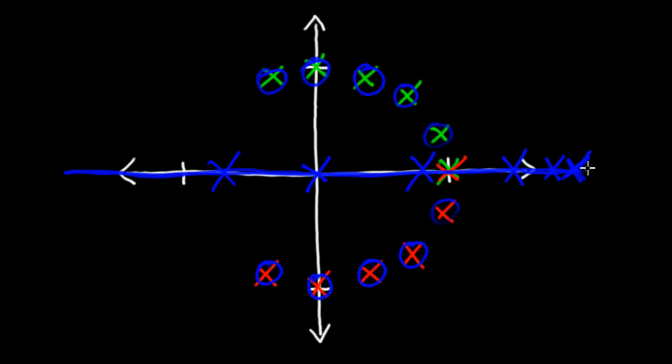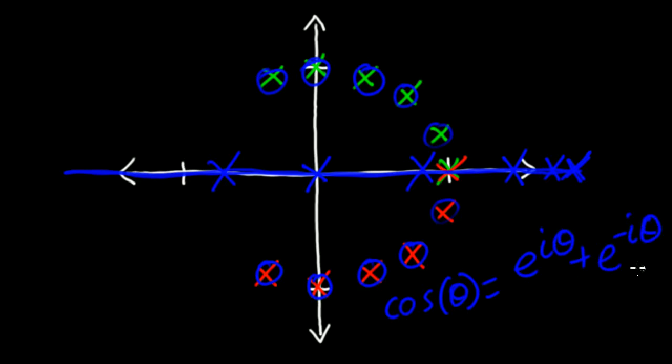to +2. What we're tracing here, if we were to look at the real axis versus time, would be a cosine wave. In other words, cosine of theta is equal to e to the i theta plus e to the -i theta, two complex exponentials with opposite frequency added together, but then we take this whole thing and divide it by 2 because when we add those two together we get out to ±2 instead of ±1.